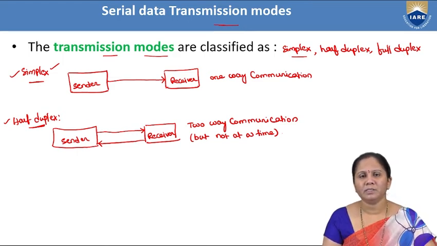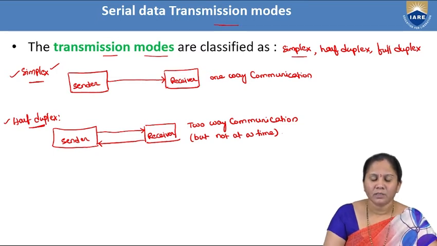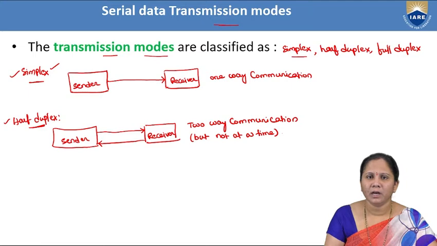If two persons are making a conversation by using walkie-talkies, after the conversation by one person, then the second person will be communicating. So it is a two-way communication, but the communication will not be performed at a time.